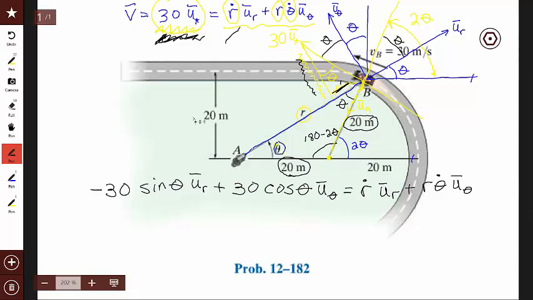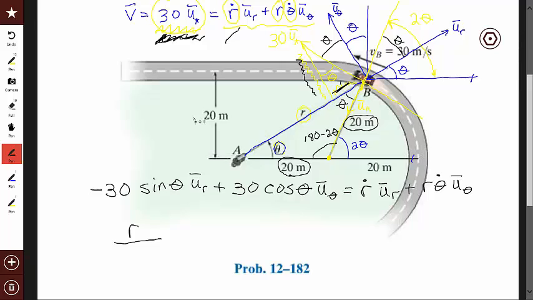The law of sines would be R is to the sine of 180 minus 2 theta as 20 is to the sine of theta.